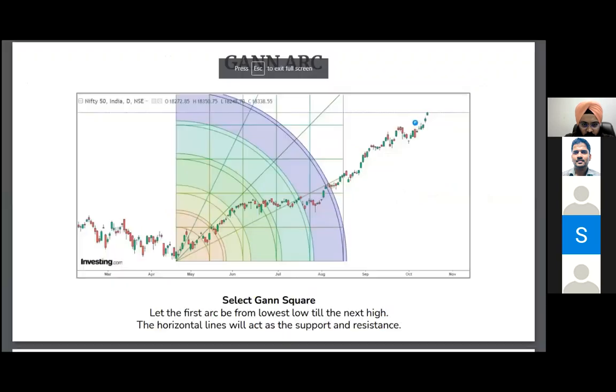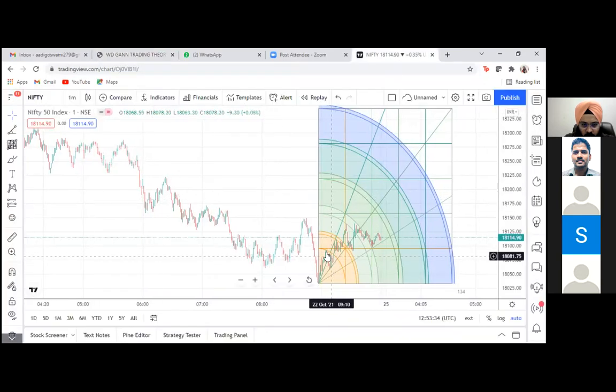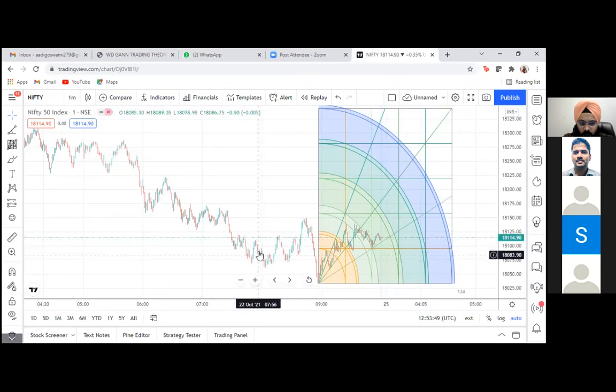So Aditi, we start from whatever visible low is there, and the first arc has to touch the first swing high? Yes. That will give us the size of the box automatically. Right. All right. So like here, this acted as a support at this time. This is how this will work.